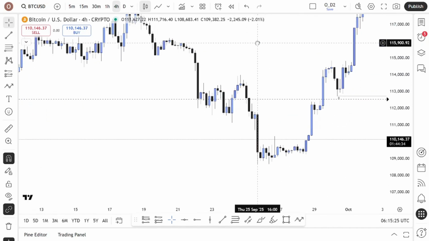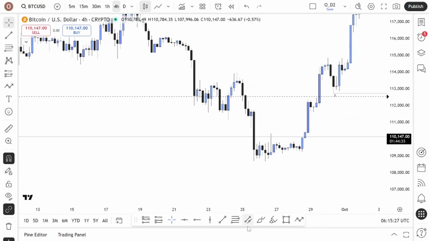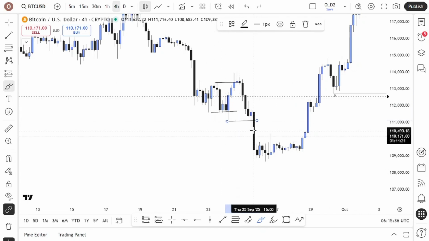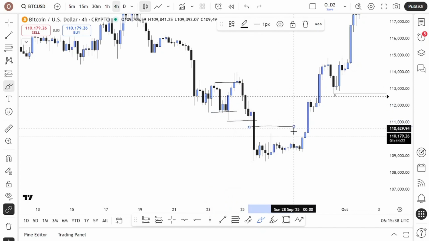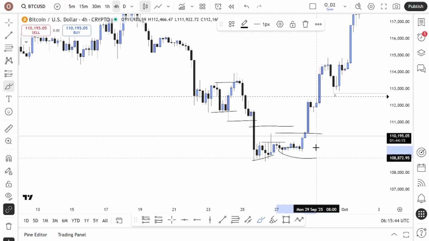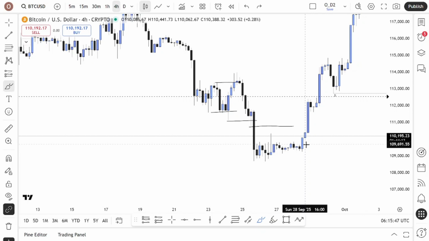If you zoom into your chart, depending on the time frame, any time frame basically, this is structure here, this is a break here, this is another break here, this is even another break here. Do you understand? This is structure. This is what I have been showing you guys right from the onset.